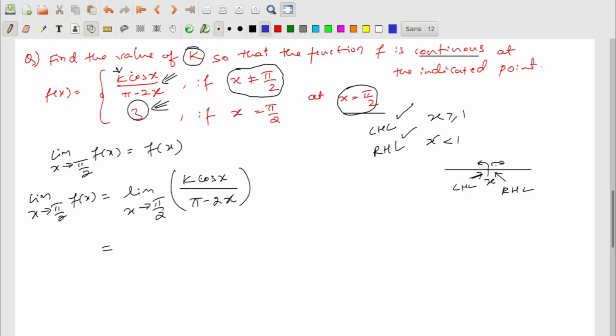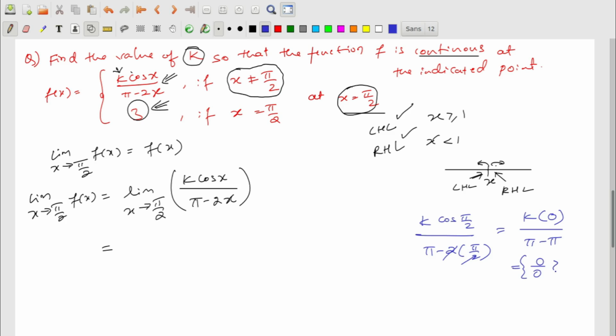So if I take x is equal to pi by 2, I will get k cos of pi by 2 whole divided by pi minus 2 times pi by 2. So k into what is cos 90? Cos 90 is 0 and then pi minus pi, which is again 0, so 0 by 0.